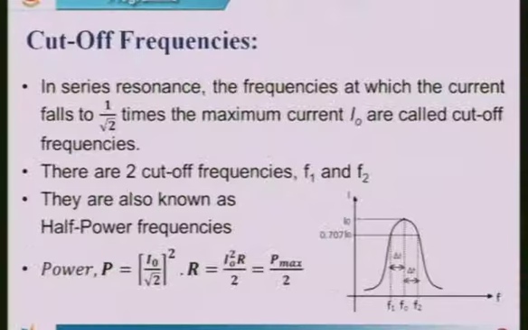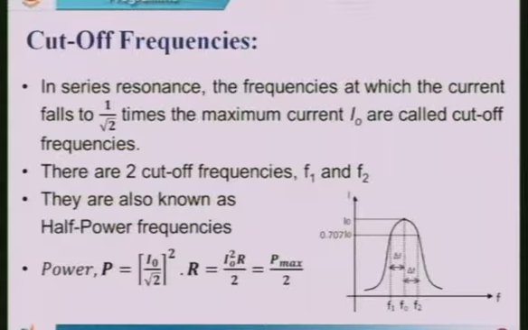Now in the coming classes, we can discuss what a cutoff frequency is and the expression for the cutoff frequency. In a series resonance circuit, the current is maximum at resonance, and as the frequency varies, at a certain point the current is 0.707 times the maximum value.